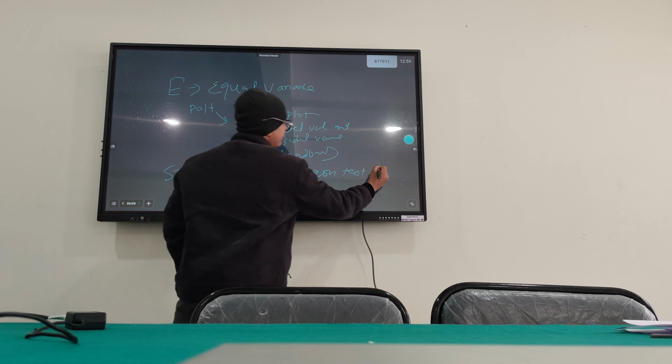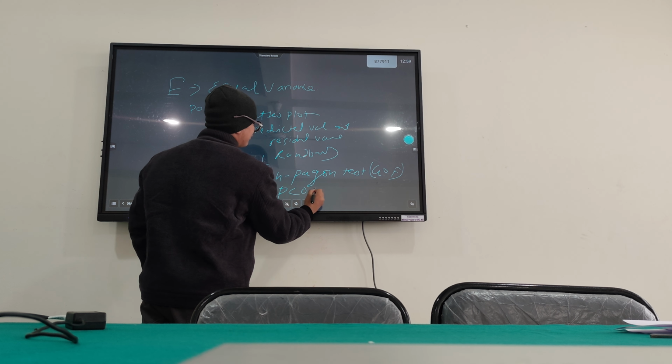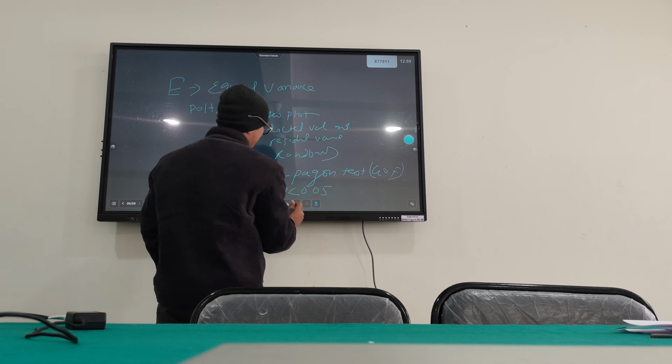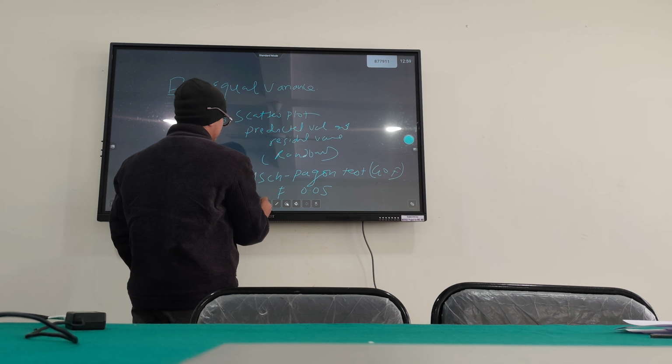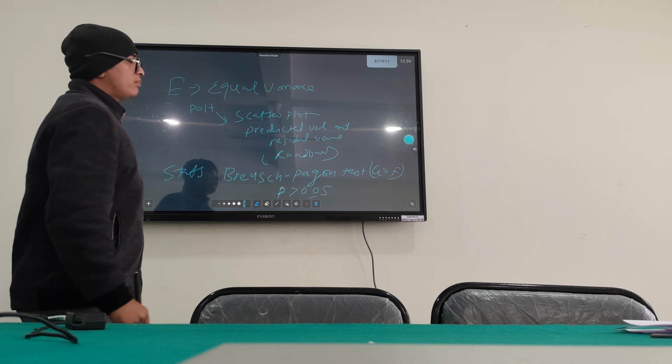This is also a goodness of fit test. The p-value should be greater than 0.05, which means the equal variance test is confirmed. So we have to do these types of statistical tests if we would like to go with the linear regression model.